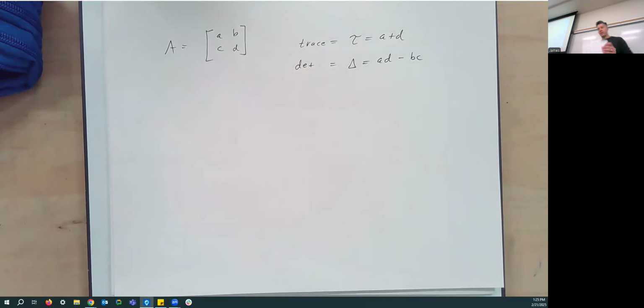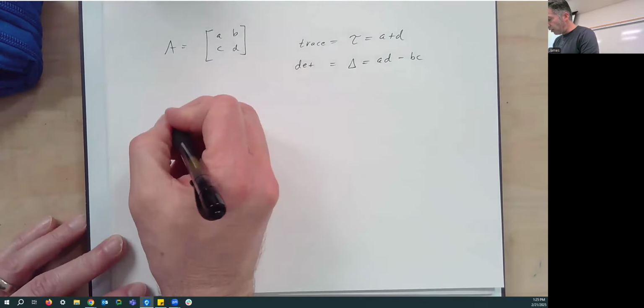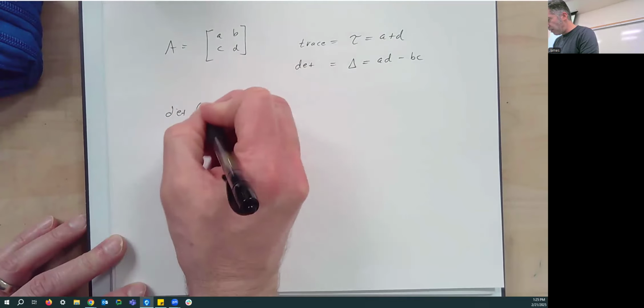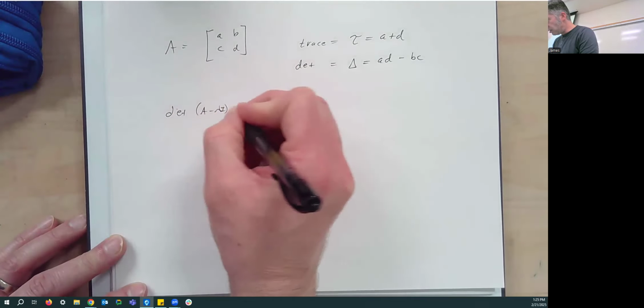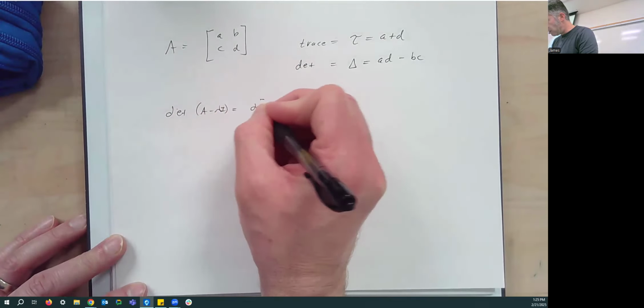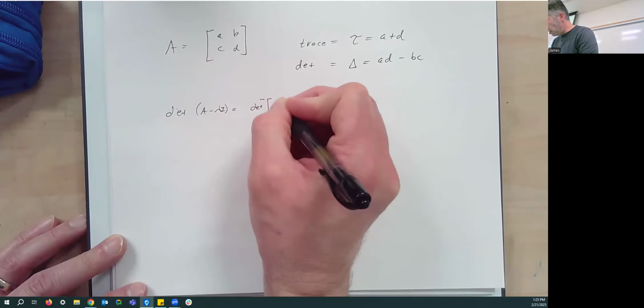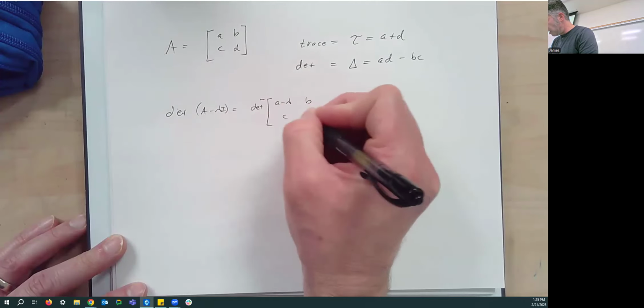But then I also point out, just so you can see it, if you're trying to find the eigenvalues the normal way, check it out. The determinant of A minus lambda I is just the determinant of A minus lambda, B, C, D minus lambda.